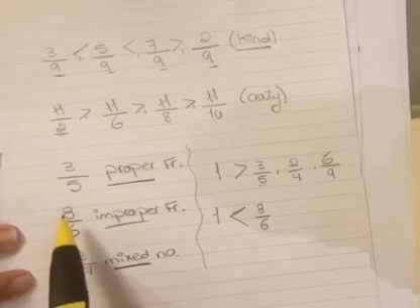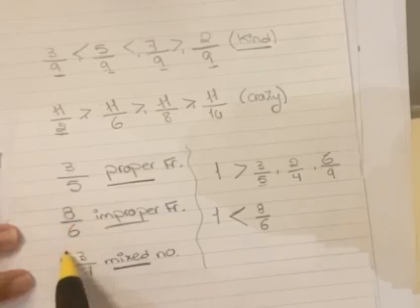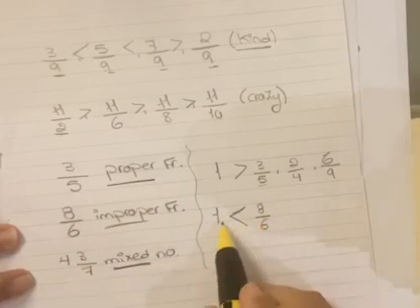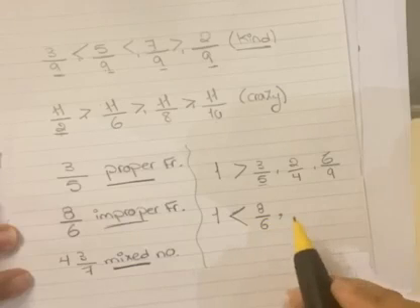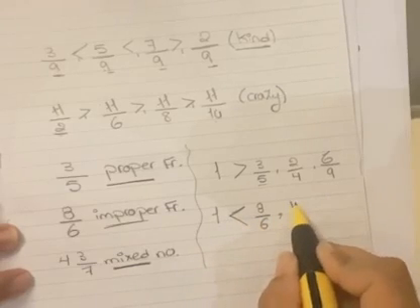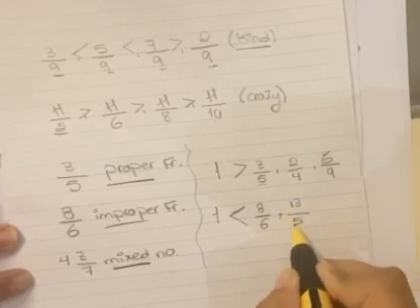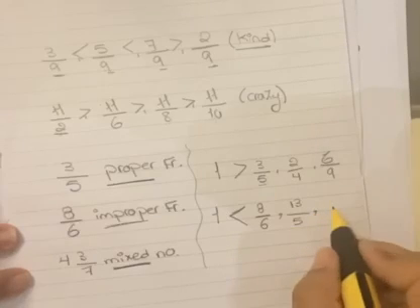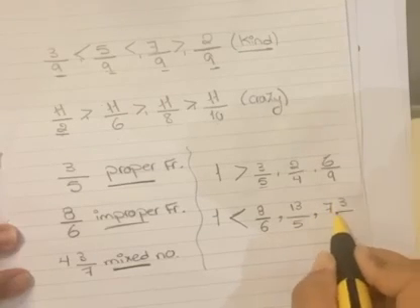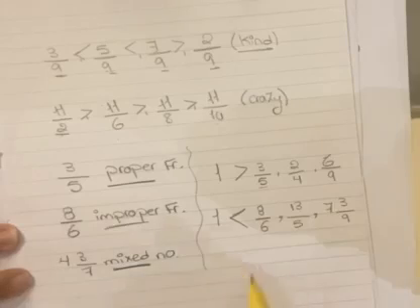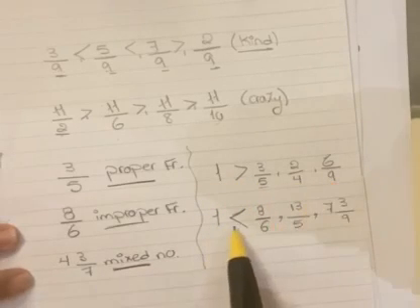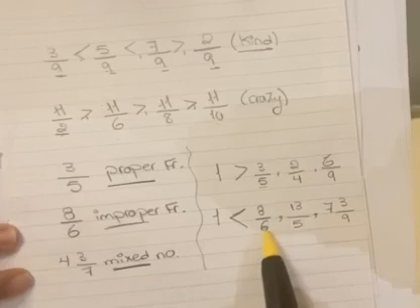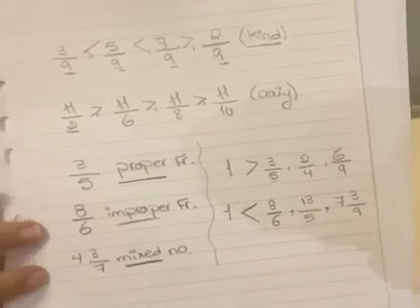If the number up, the numerator, is bigger than the denominator. 1 is smaller than 8 over 6. 1 is smaller than 13 over 5. 1, of course, it's smaller than 7 and 3 over 9. So 1 is bigger than any proper fraction. 1 is smaller than any improper fraction and mixed number. Okay, let's compare.